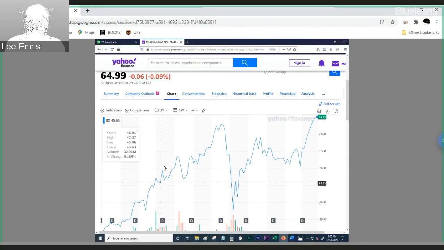So what we're trying to do is predict how much the price is going to move around. Now, right now we know we're at 65. We came from 50.